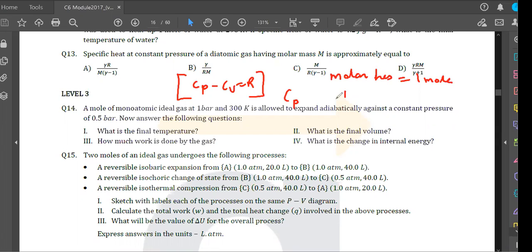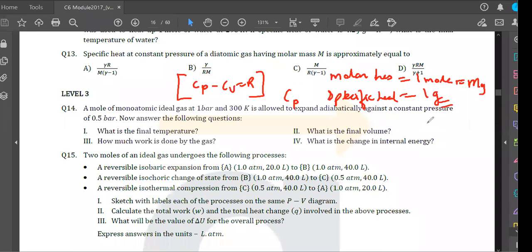Now, specific heat capacity is for 1 gram. Okay, got it, everyone? Specific heat capacity is for 1 gram and molar heat capacity is for 1 mole. And we know that for 1 mole, what is the weight? It will be M grams.